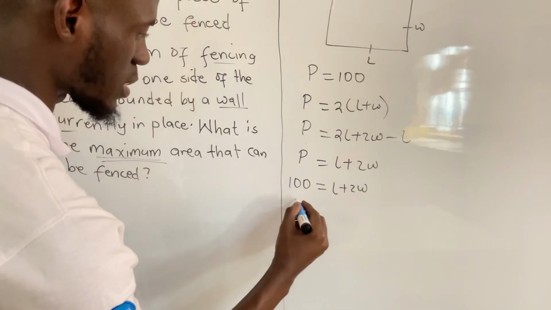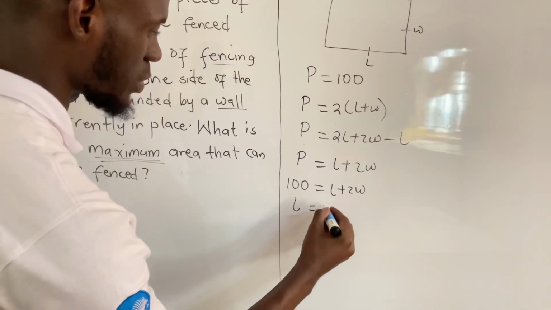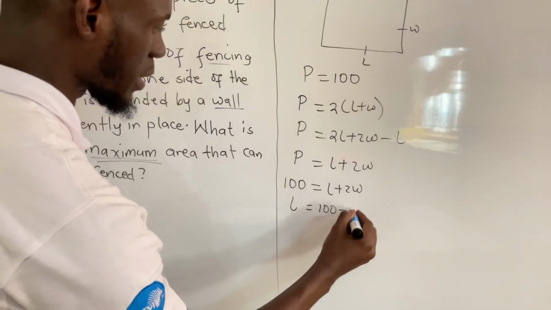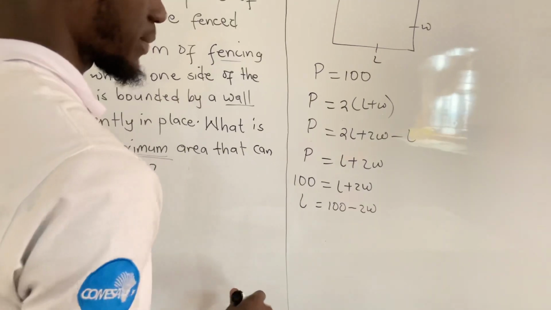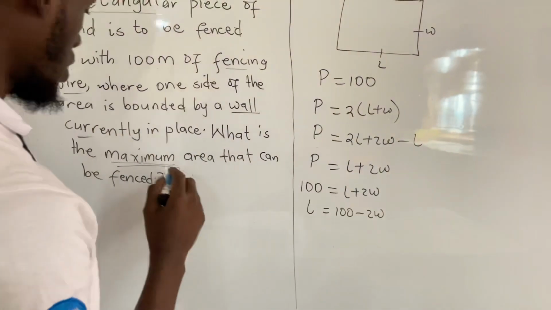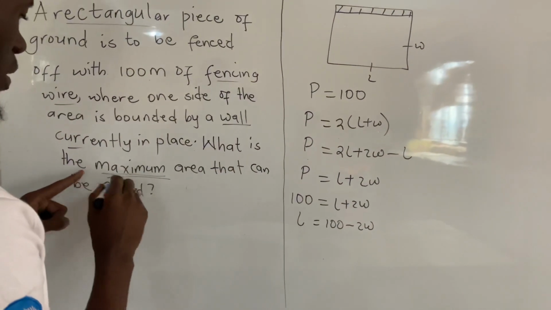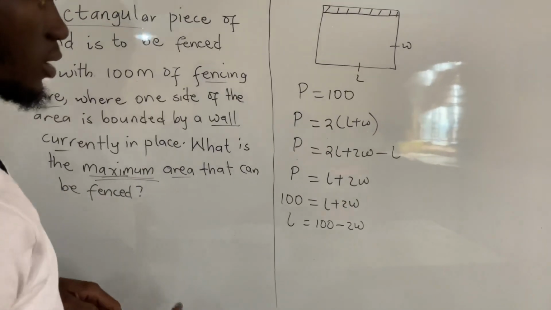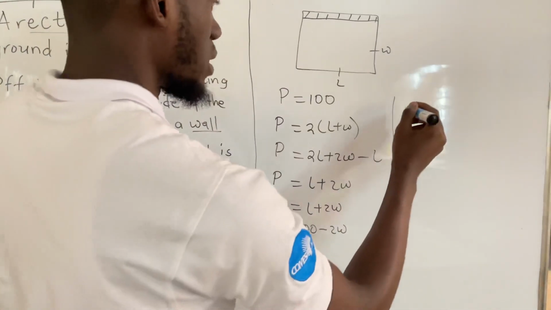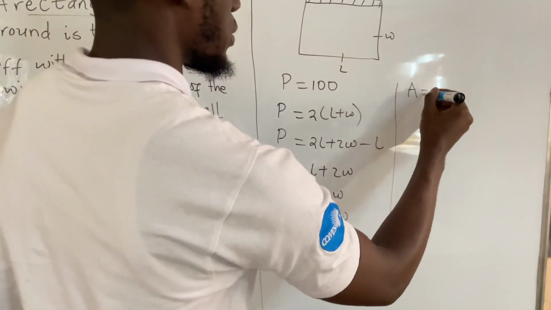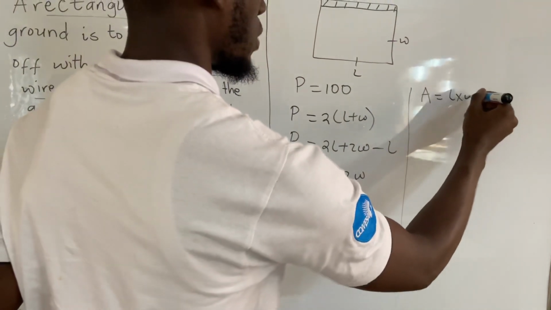After reaching here, we can make L or W the subject. Let L be 100 minus 2W, when the 2W crosses the equal sign. Then the question is asking us to find the maximum area. We know the formula, which says area is equal to length times width.